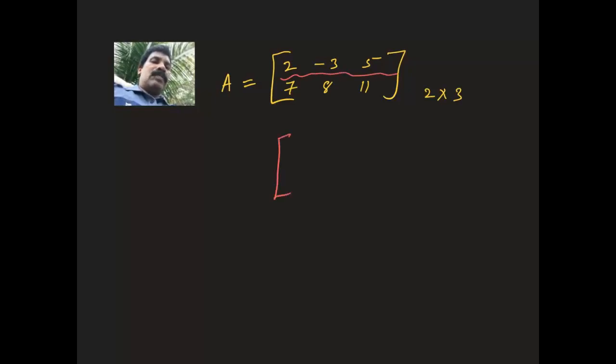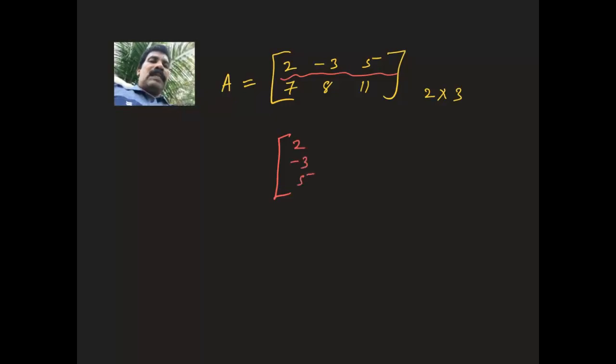Consider the matrix capital A is equal to, say, 2 by 3 matrix 2, negative 3, 5, 7, 8, 11. It's of order 2 by 3. Then its first row is 2, negative 3, 5, and we shall make a new matrix with its first column as 2, negative 3, 5.